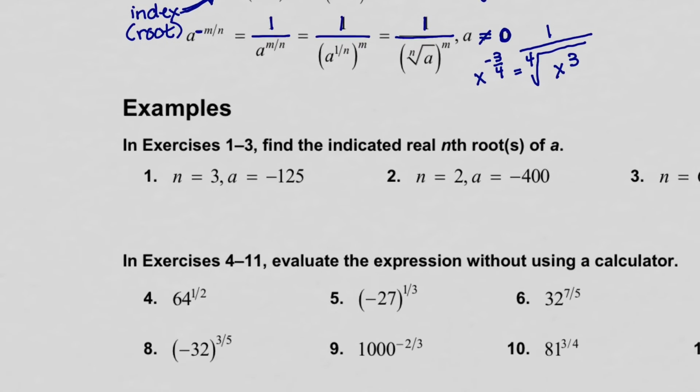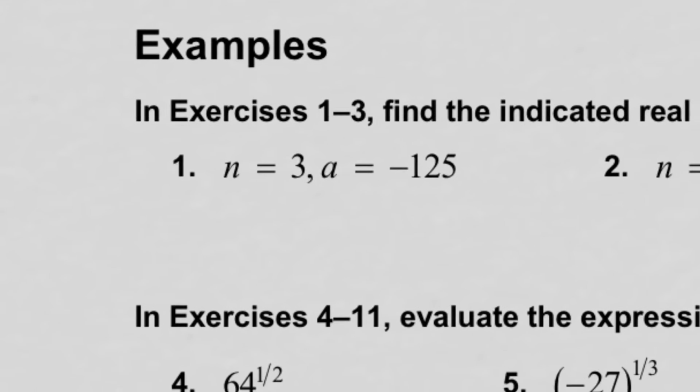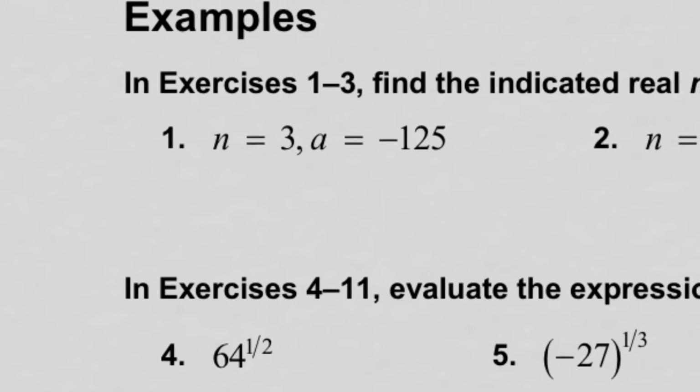So a few examples of what we're working on. Find the indicated nth root of a. So we know that if we're just looking at our template here, it's n and it's a. This is our root. So I'm going to find the 3rd root of negative 125.